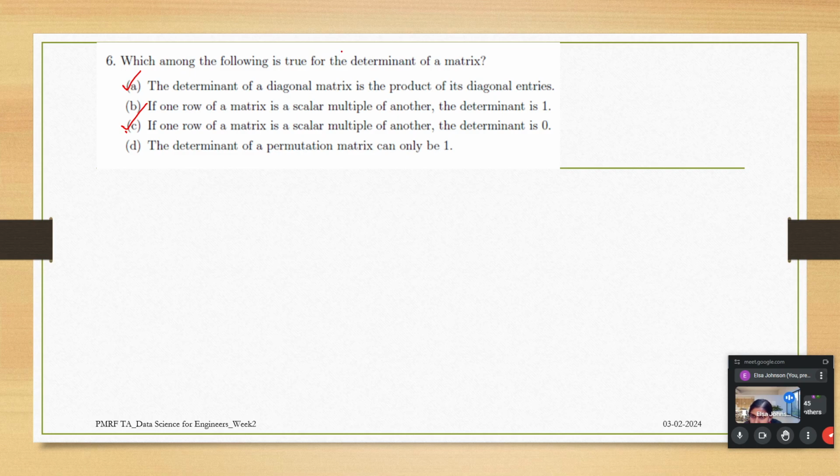So I hope there is nothing to be explained here. A and C will be coming, right? If one row of a matrix is a scalar multiple of another, that means the rows are dependent.